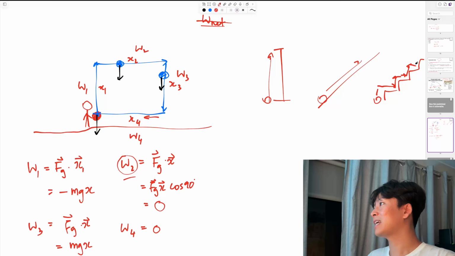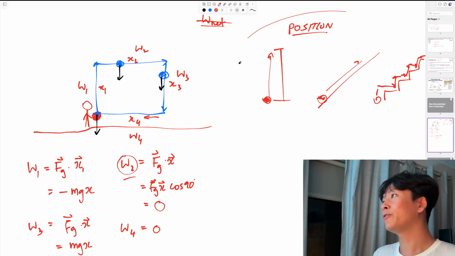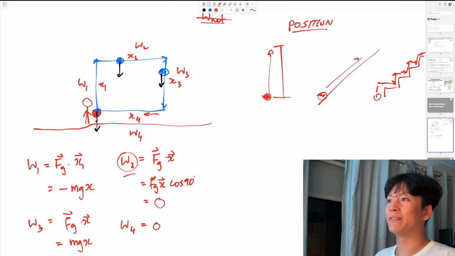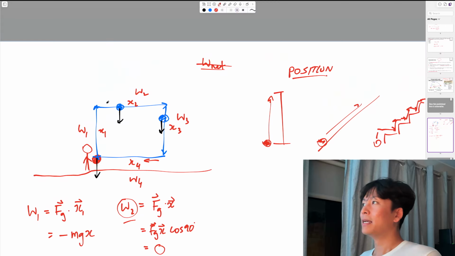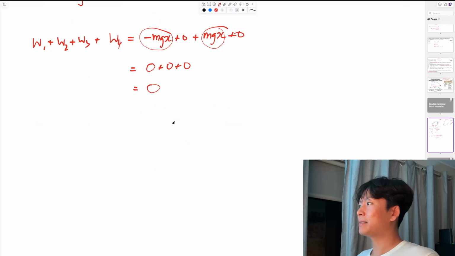So we see that yes, the work done by gravity is path independent. It's only dependent on the position. So I'm just showing you this is another way to prove that gravity is a conservative force. Another way, again my preferred way, is making a closed path or a closed loop.